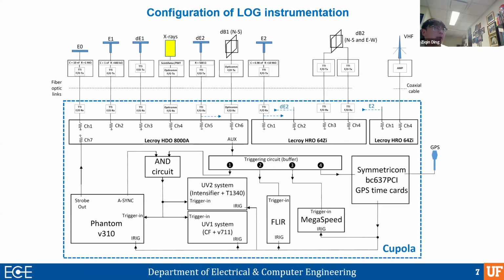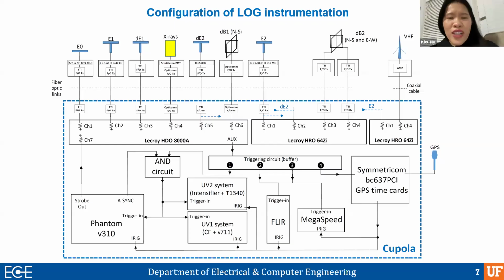Basically, we use the radio frequency measurement systems to capture the field waveform of lightning, couple that with the optical sensor signals, and together use them to trigger the other cameras.